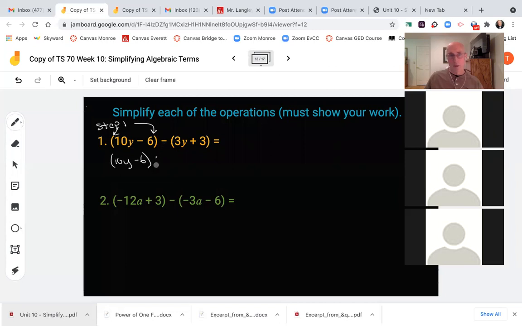So I'm going to change this to plus. In parentheses, I'll say this, minus 3y, and then this minus affects this 3, minus 3. And then I would combine like terms. I would continue on combining like terms to simplify the whole thing.